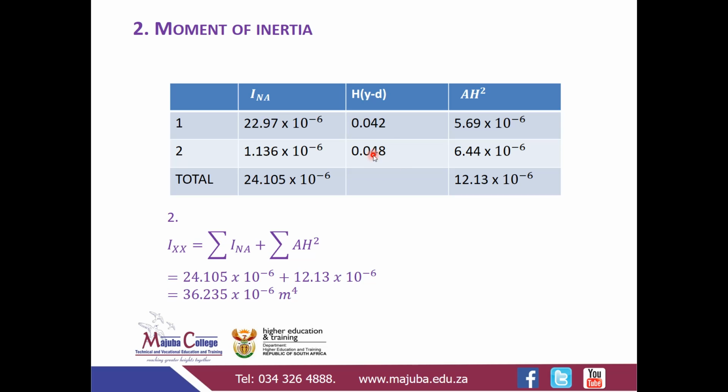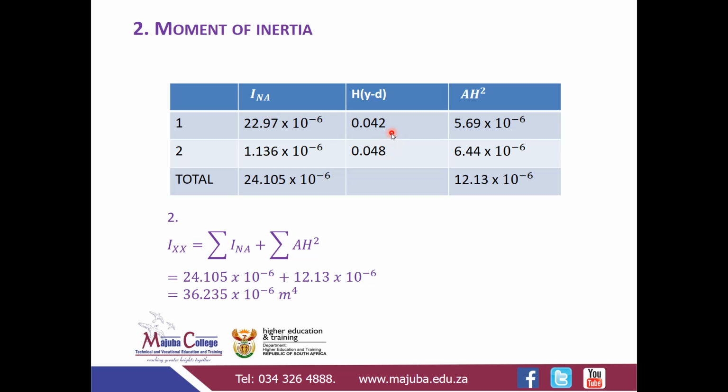So your answers must not be negative. Now these are just distances, so you can just take the bigger number and subtract the smaller number, but either way it does not matter. Your answer should not be left in a negative form here.